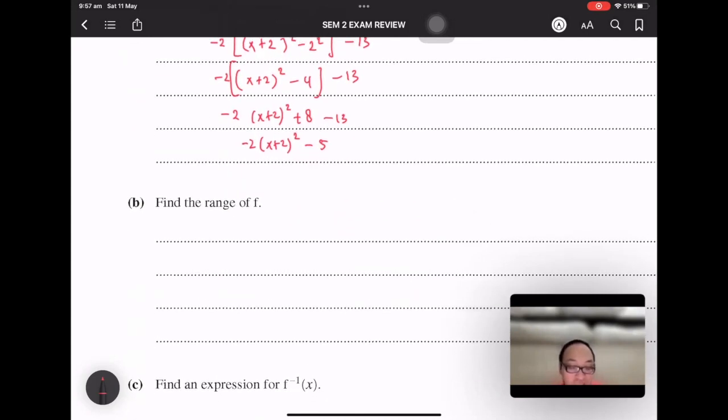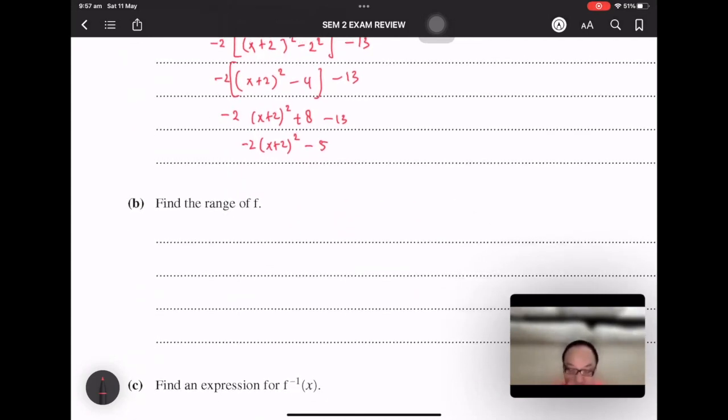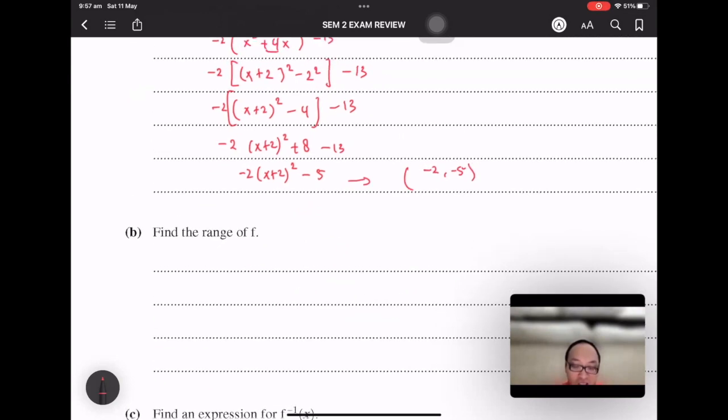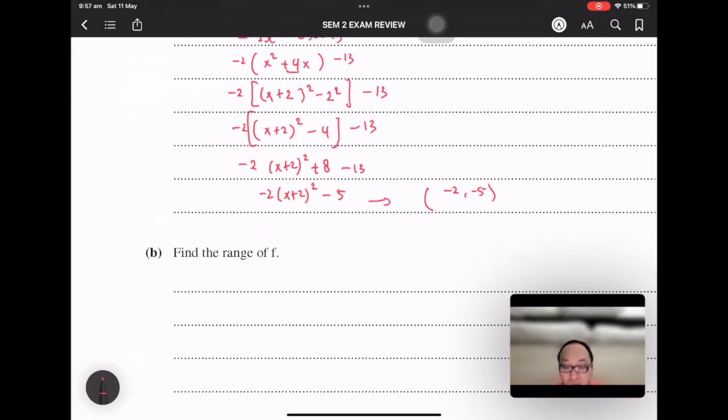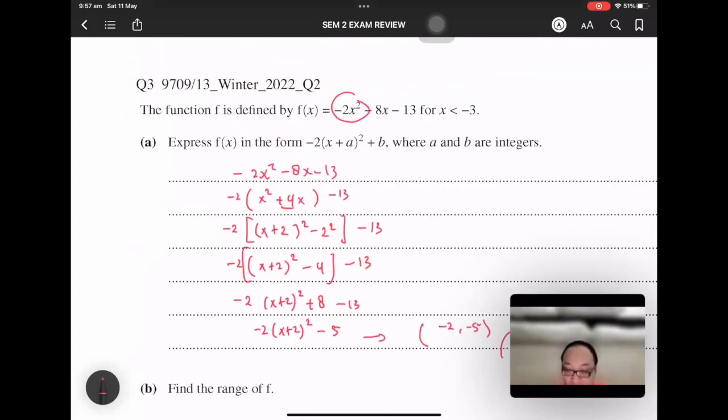Find the range of f. As we know, this has vertex negative 2, negative 5. And since the coefficient of x squared is negative, it will be a maximum point, maximum vertex. So the range will be for x smaller than negative 3.